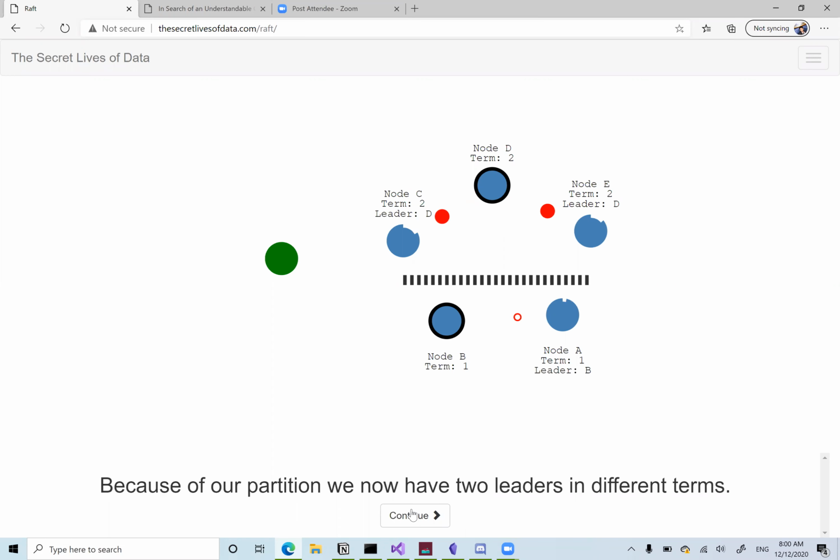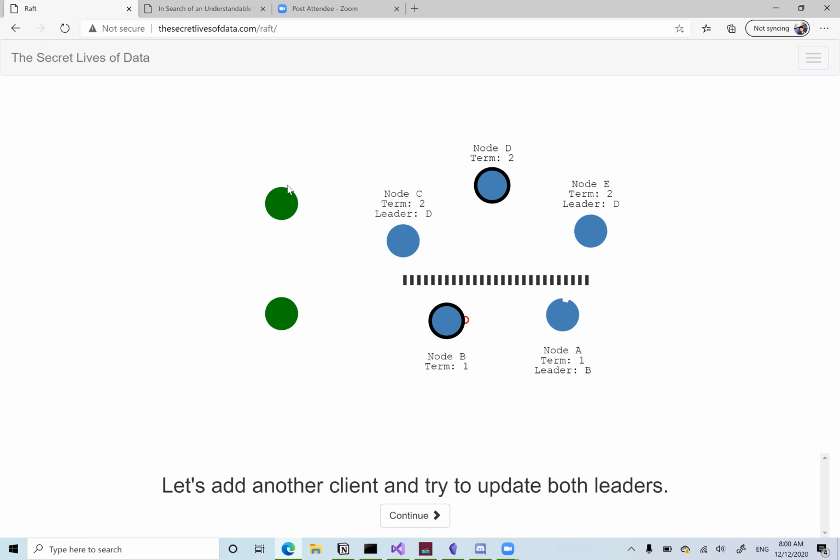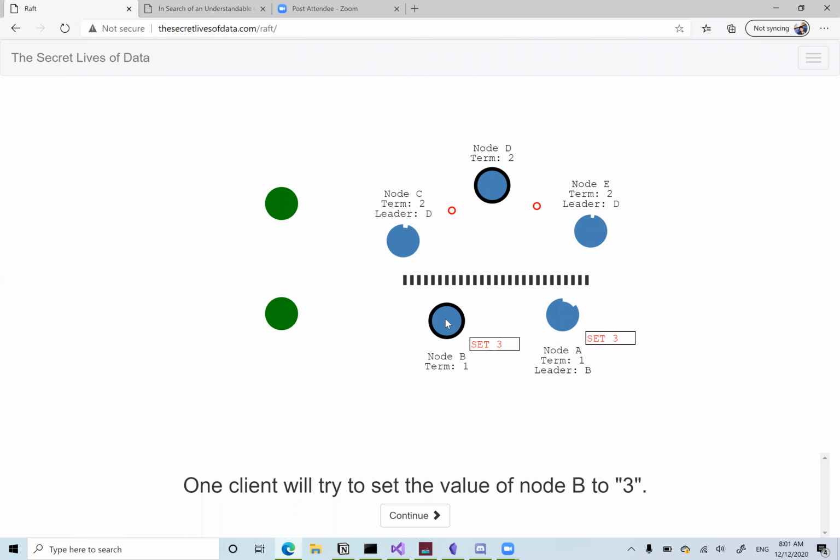Because the client talks to the leader, it could happen that in this partition the client is talking to this leader, and in this partition the client is talking to this leader, right? So when the client sends the value set 3 to this leader, it will send this entry to its followers, and it will wait for the majority of them to acknowledge before it can commit.